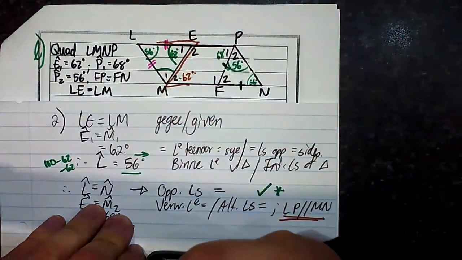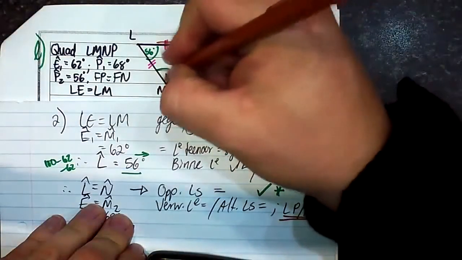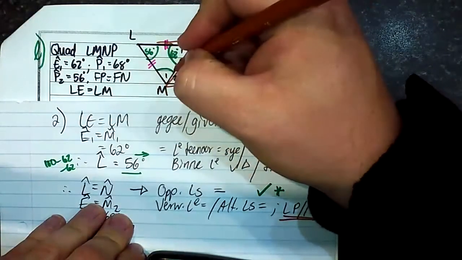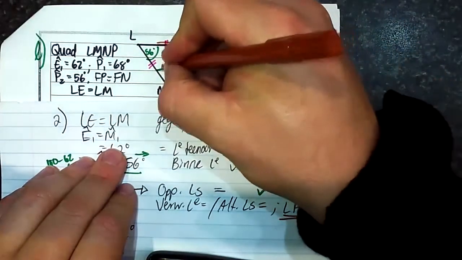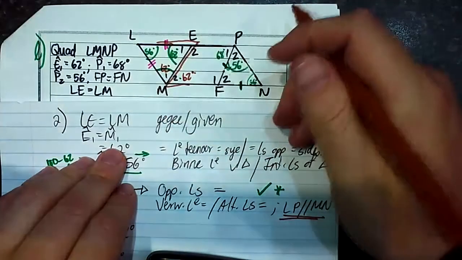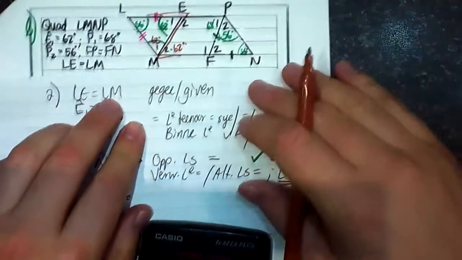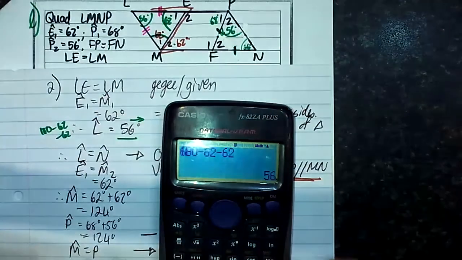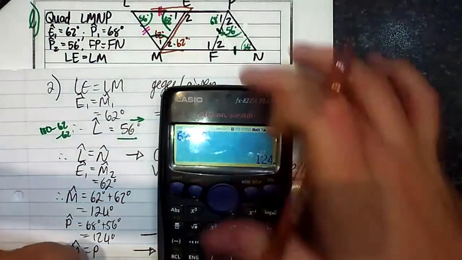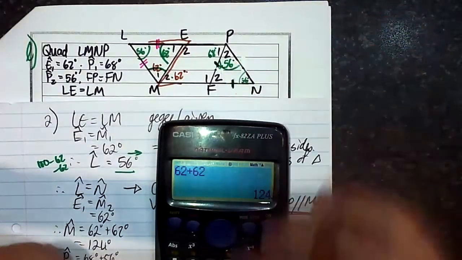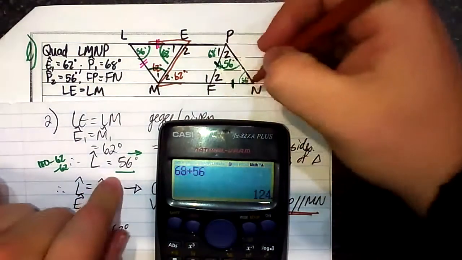Good. Now there's multiple ways you could find the other half, the M1 part. Okay. But we've already proven it, right? M1 was also 62 degrees. Okay. Now let us see, 62 plus 62 is 124. And 68 plus 56 is also 124.